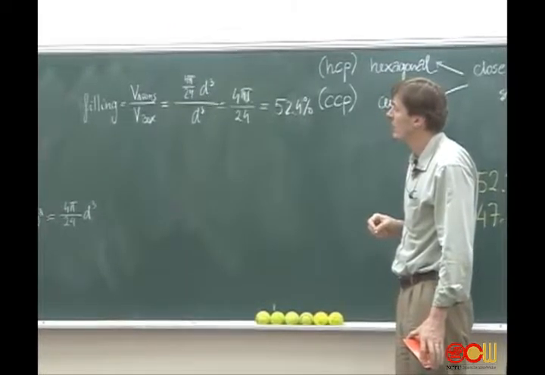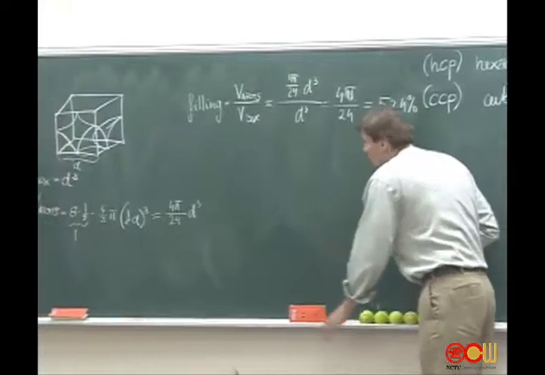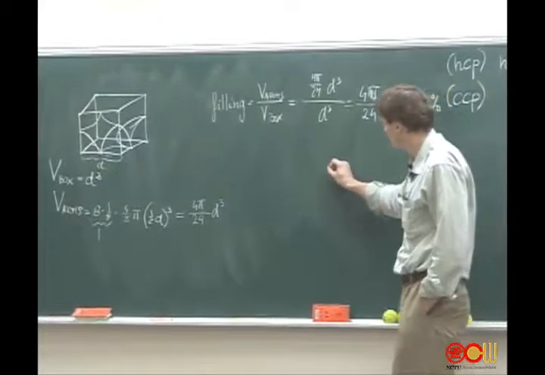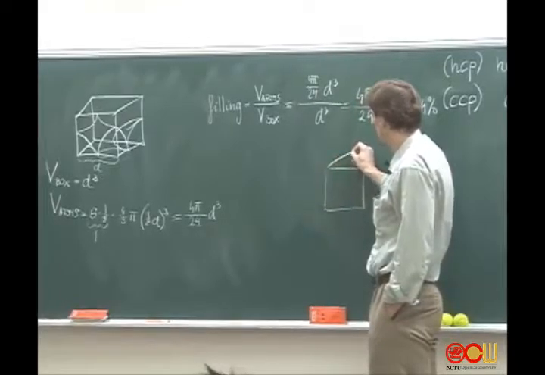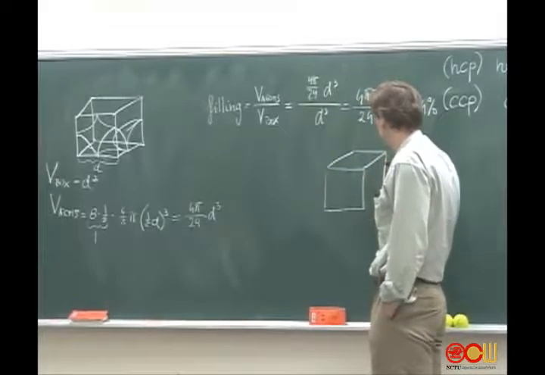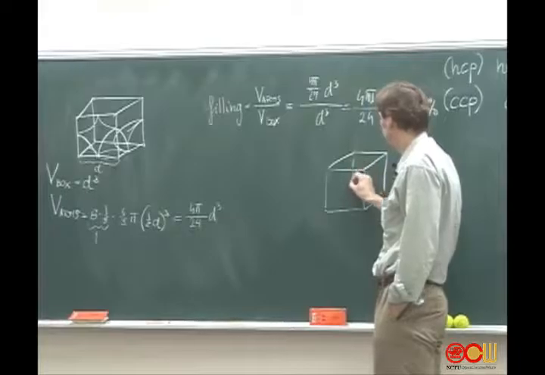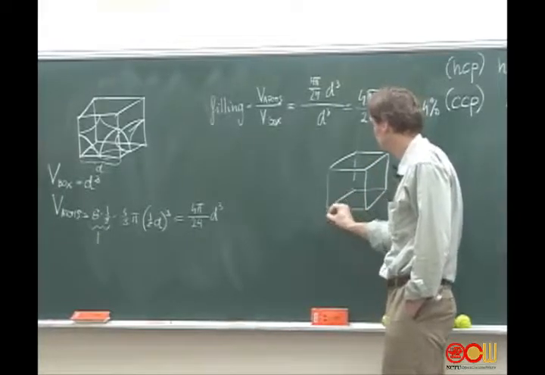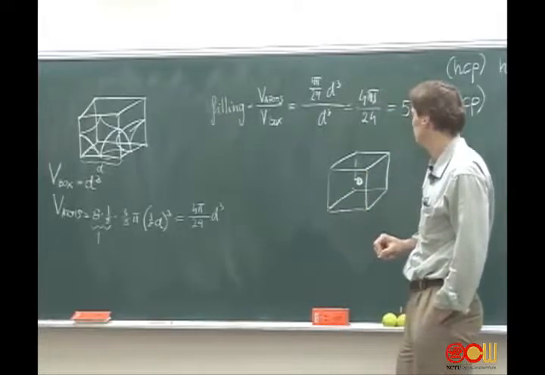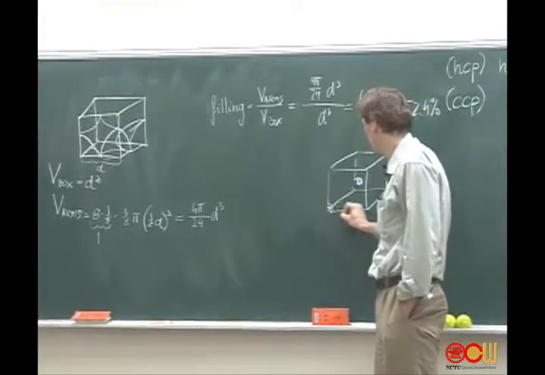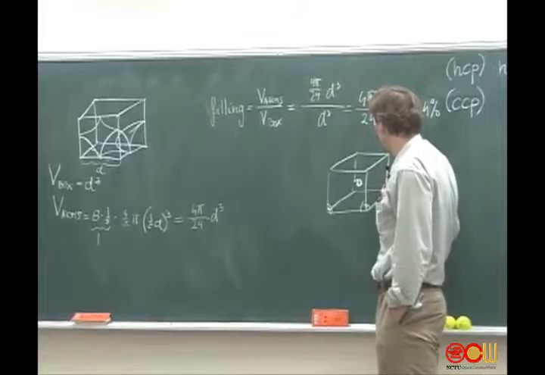Okay. It's a bit more difficult to do the same calculation for the other cell. For example, when we take the cubic body-centered cell, we have one atom in the middle, and we have the atoms in the corners.